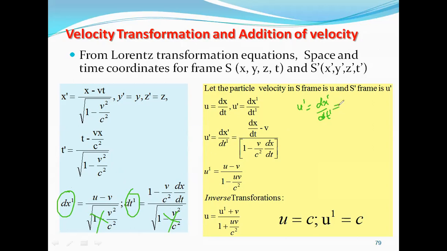So u minus v over whatever we have here, dt prime is 1 minus v by c square dx by dt, over the denominator bracket. So the bracket will cancel, right? Can I cancel these two, guys? And this will be this by this: u minus v by 1 minus v by c square dx by dt. Is it clear?